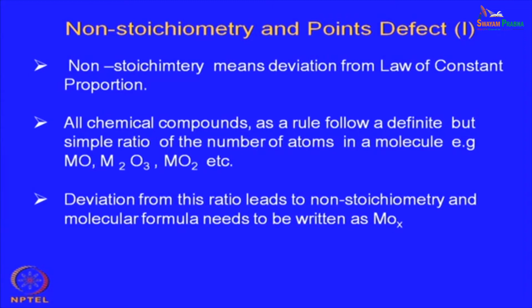If they form in pairs, then this ratio will not change, and that is the reason these pair kind of defects are known as stoichiometric defects. The others, singular defects, are called non-stoichiometric defects, because they result in non-stoichiometry of the compounds.